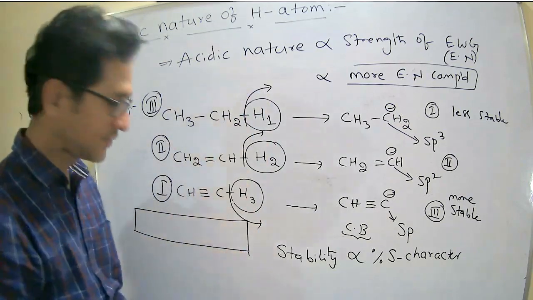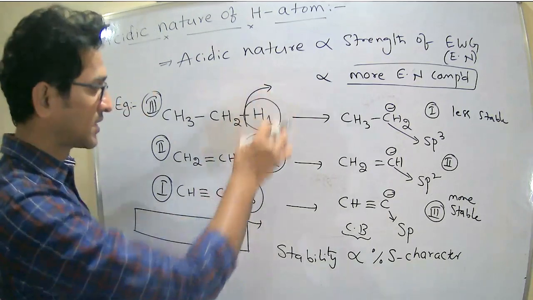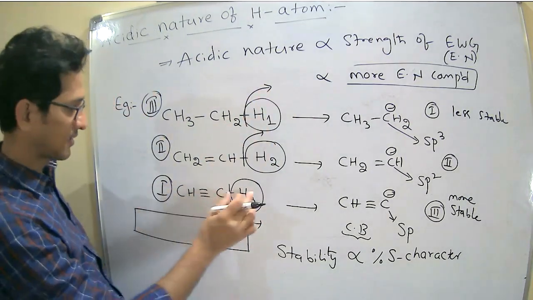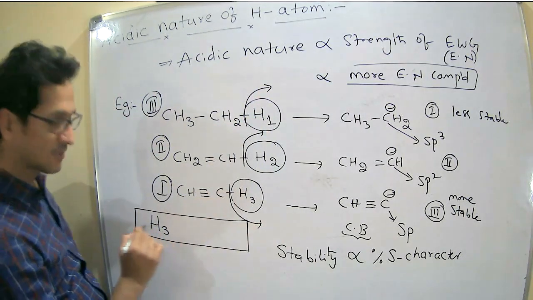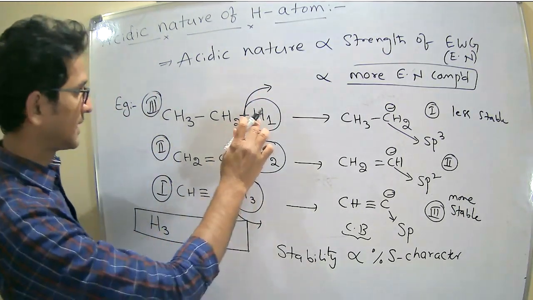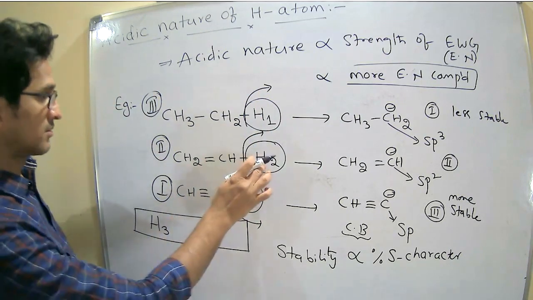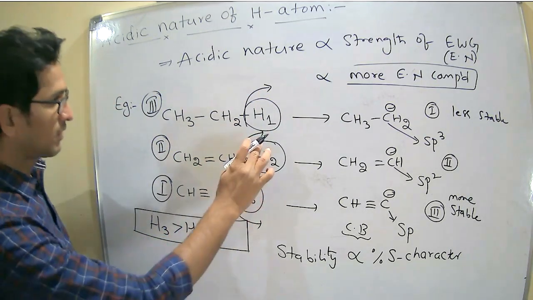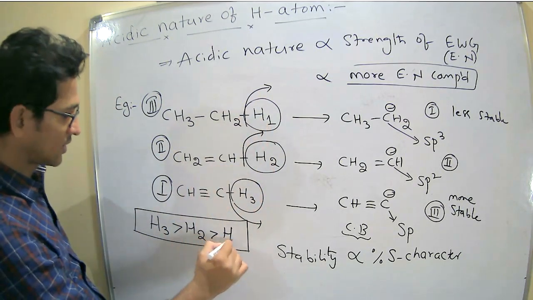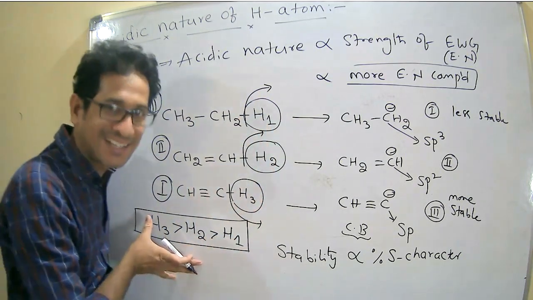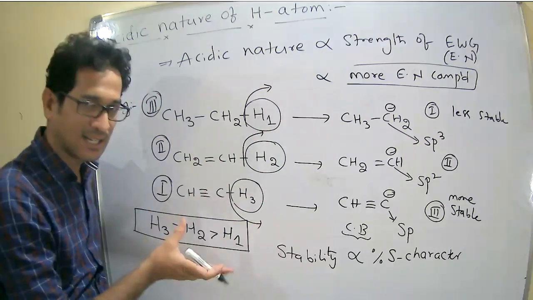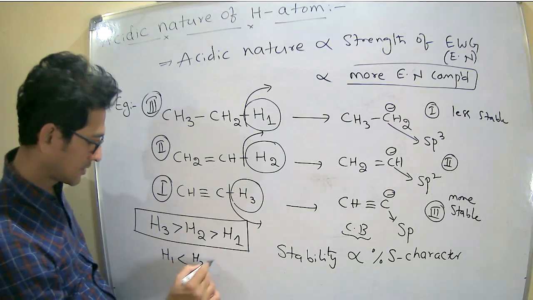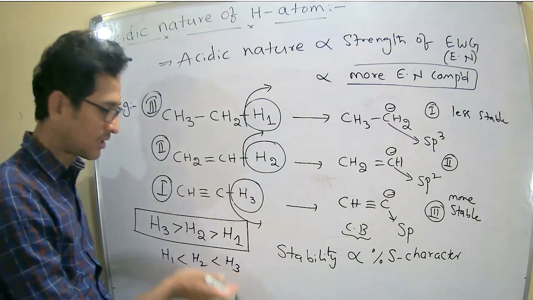The first priority is here, therefore H3. The second priority is H2, and the final priority is H1. So this is the correct answer. If it is increasing order, just reverse it: H1, H2, H3.